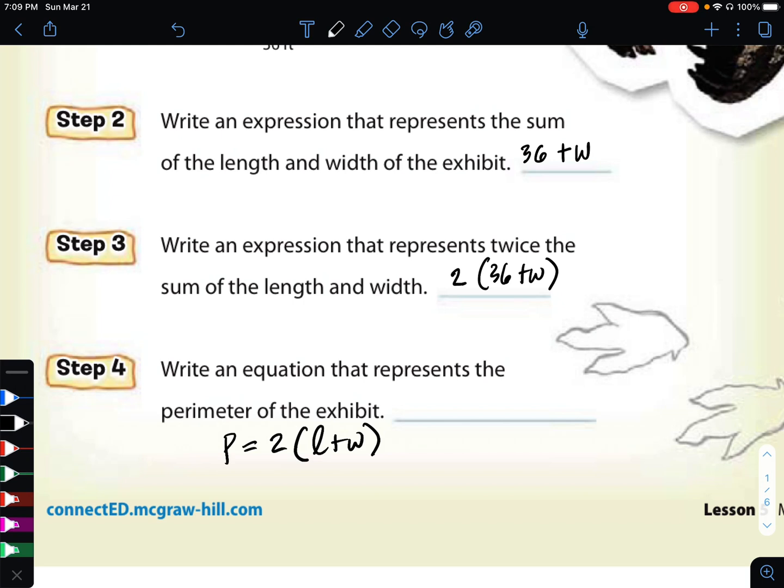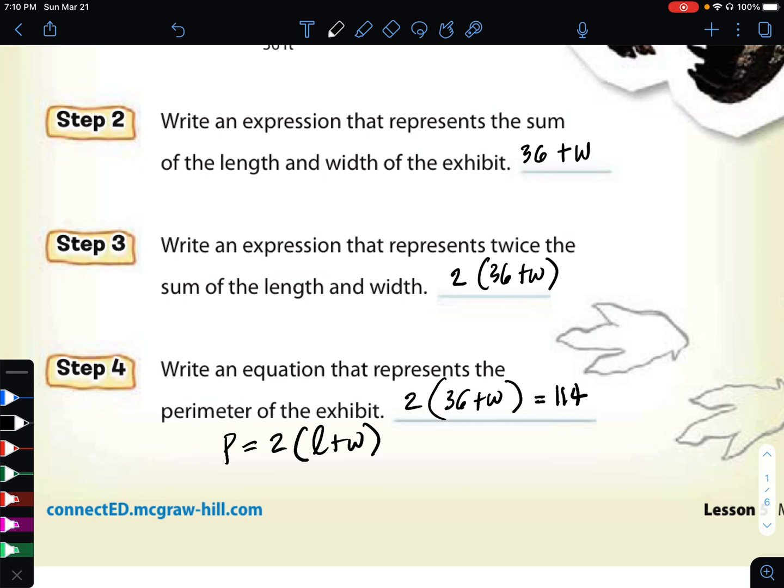Since we have twice the length plus the width, which is this one right here, we equate it to the perimeter, which we know, which is 114. So we broke down this problem and wrote an equation on how to find the width of this rectangle.